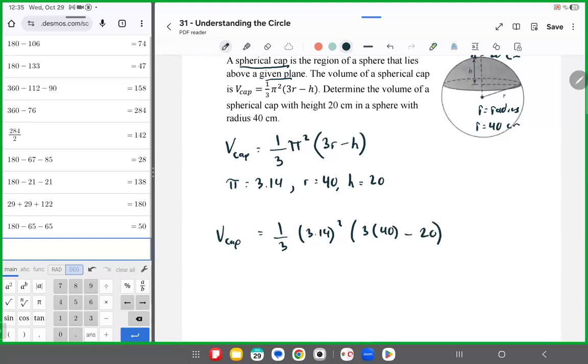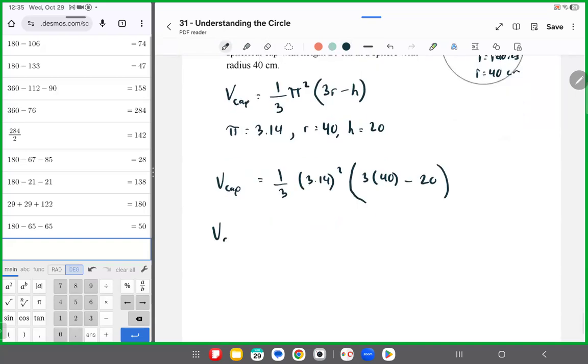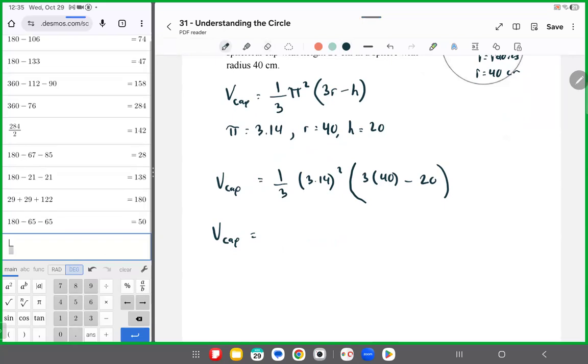And so we've seen these kinds of calculations already with surface area of various shapes, but why not try out this one? So the volume of this cap will be equal to 1/3. Oh, we could just write our answer directly. So let's type in 1/3 multiplied by 3.14 squared multiplied by 3 times 40 minus 20.